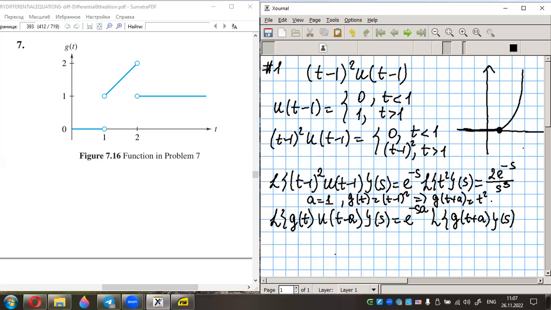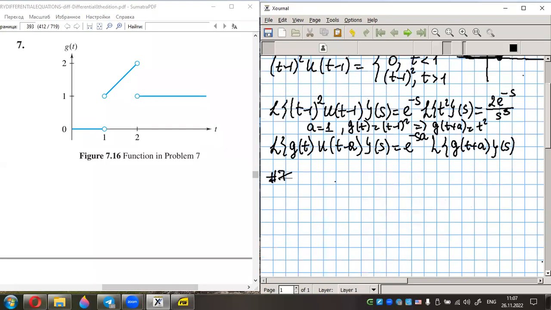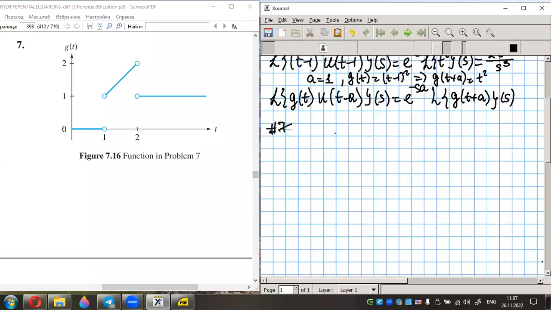The next one, the seventh. Here we must express the given function using window and step functions and compute its Laplace transform.